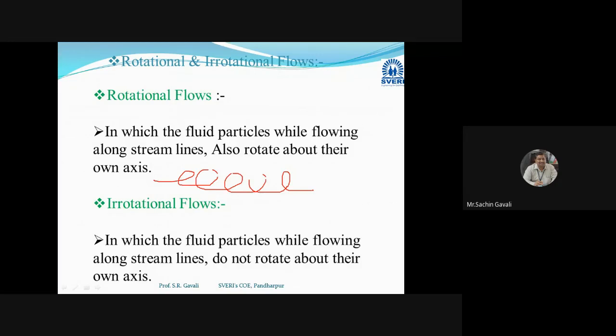But every day, while moving, the Earth also takes one round around itself in 24 hours. That is rotation. So that is called rotational flow. For example, a whirlpool in water.